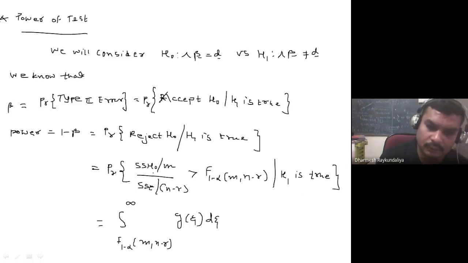Because this is a continuous quantity, let us say this is a random variable xi, and it has the density z of xi. So it is the integration from F 1 minus alpha, the lower value, to infinity, the upper value, of z of xi d xi, where H1 is true.